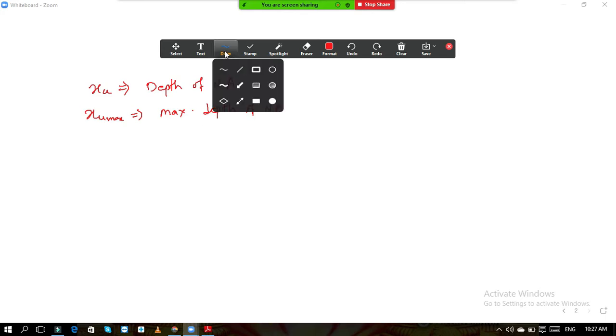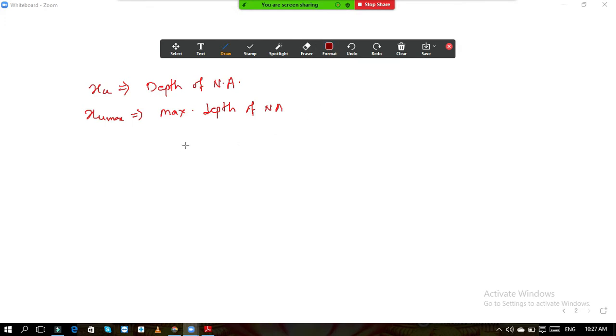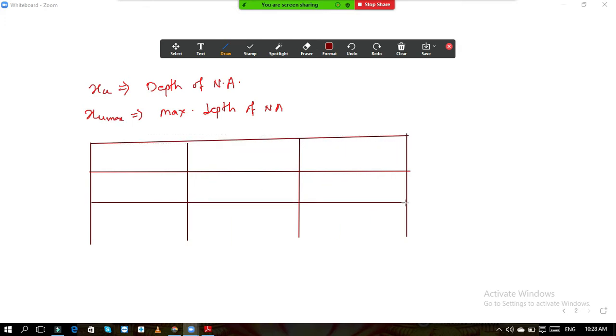First of all, make a table with three columns, and we will enter the values for the different grades of steel. Draw the table; it is very helpful while solving problems.